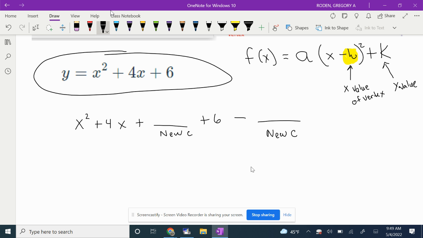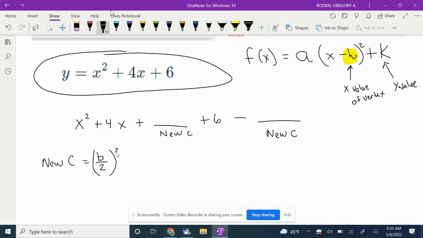So what you're really doing is adding 0 to this entire equation. Does that affect the value of the equation if you add 0 to it? No. So if we add a new C and subtract a new C, we're just adding 0. Now, why do we want to do this? What is our new C? Our new C is b over 2 squared.